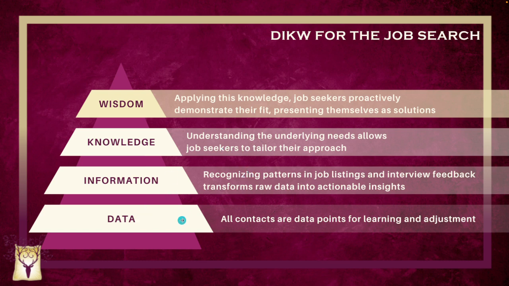So your head's down doing your applications, and then at the end of every 4 to 6 weeks, you look at your trends, and that's where you can identify that you have been stalling out at one part of the job search and what you need to do about it.